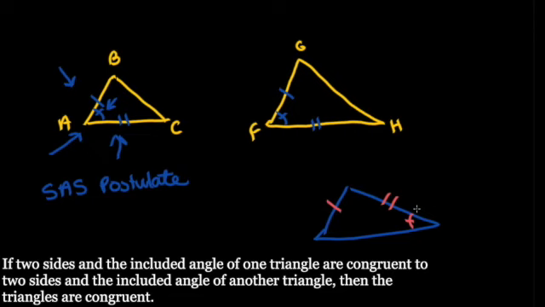Well, we could not use the SAS postulate to prove those 2 triangles congruent because the angle over here is not in between these 2 sides. If this known angle was over here, then we could use the SAS postulate. So remember that the angle needs to be the included angle.